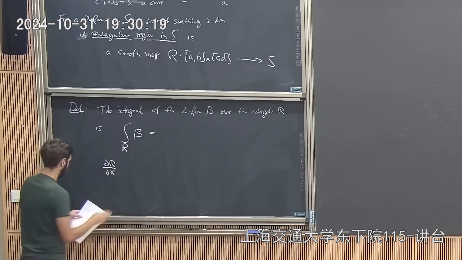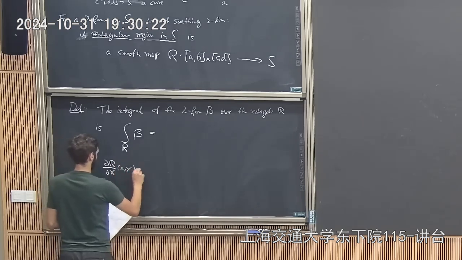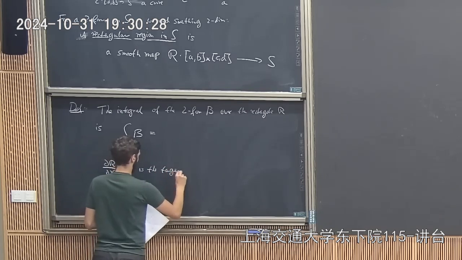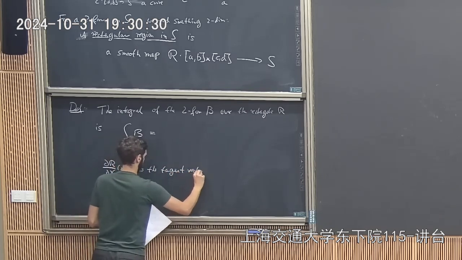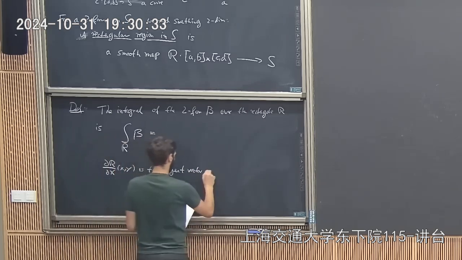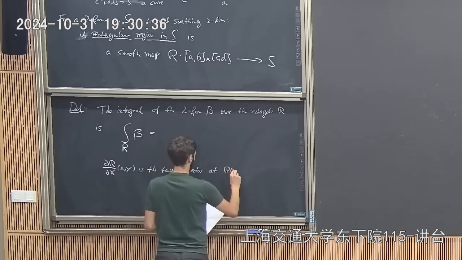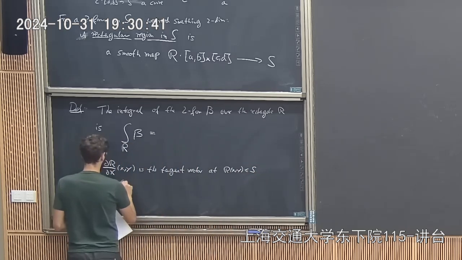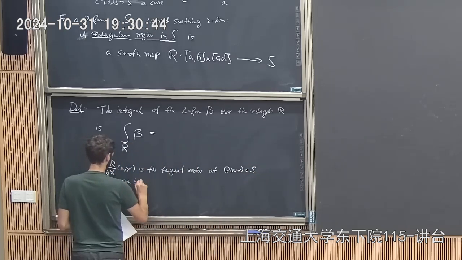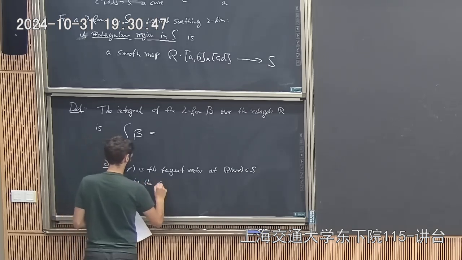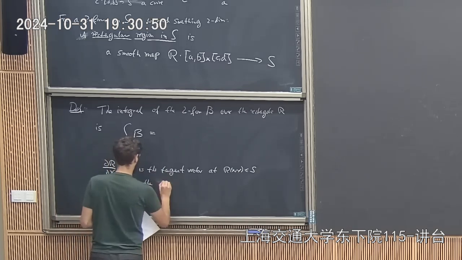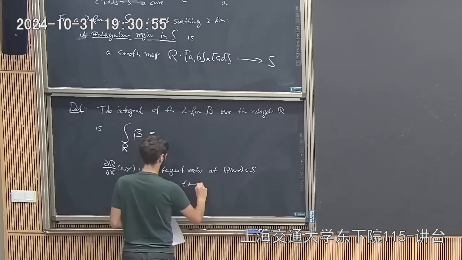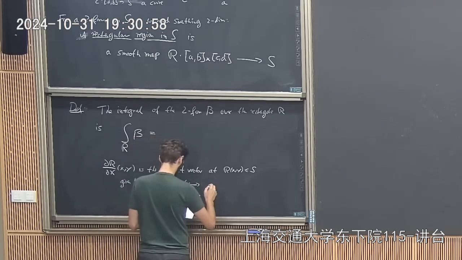We can make sense of this as a tangent vector at the point R of x y in S, given by the curve we have there.